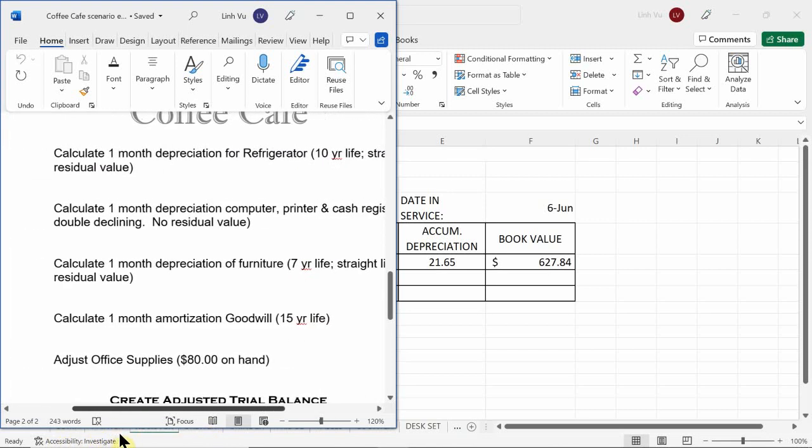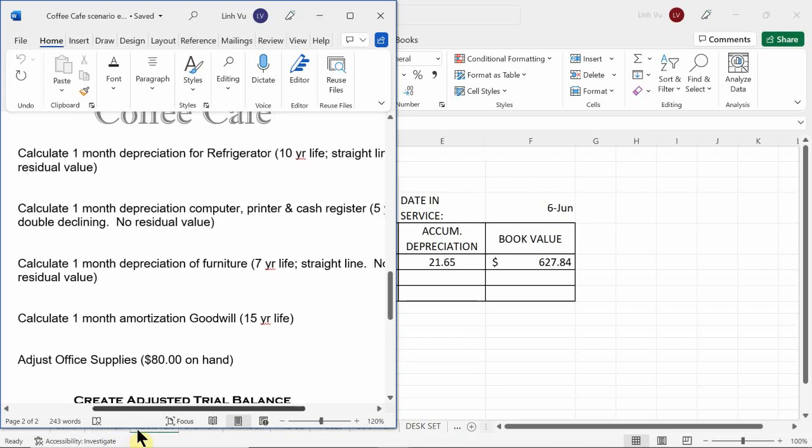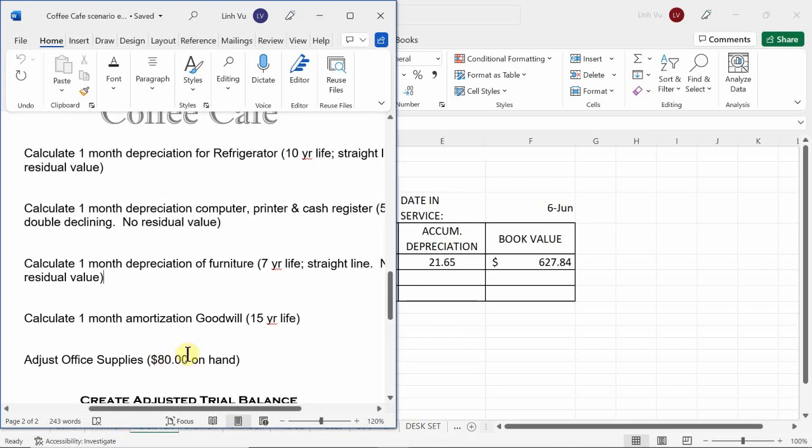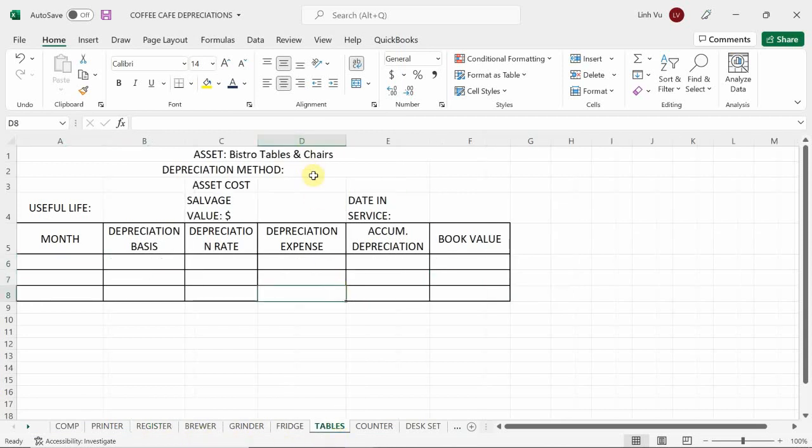Okay, so that means we got to calculate all of the furniture. So the furniture will include all of the following: the tables and chairs, the counter, the desk, and the display shelves. They all have a 7 year lifespan, with straight line we're going to use with no residual value. Okay, so let's see. Let's gotta find the tab here, right here. Here's the first one, tables and chairs.